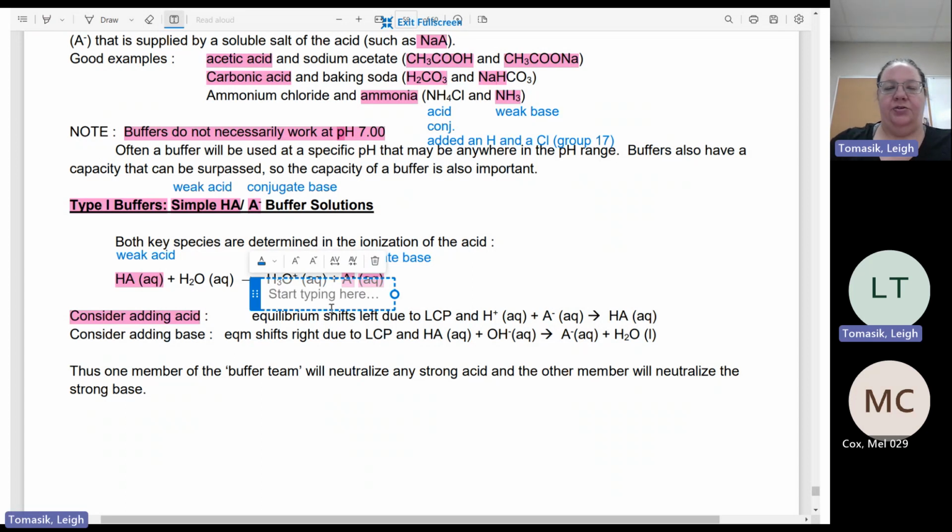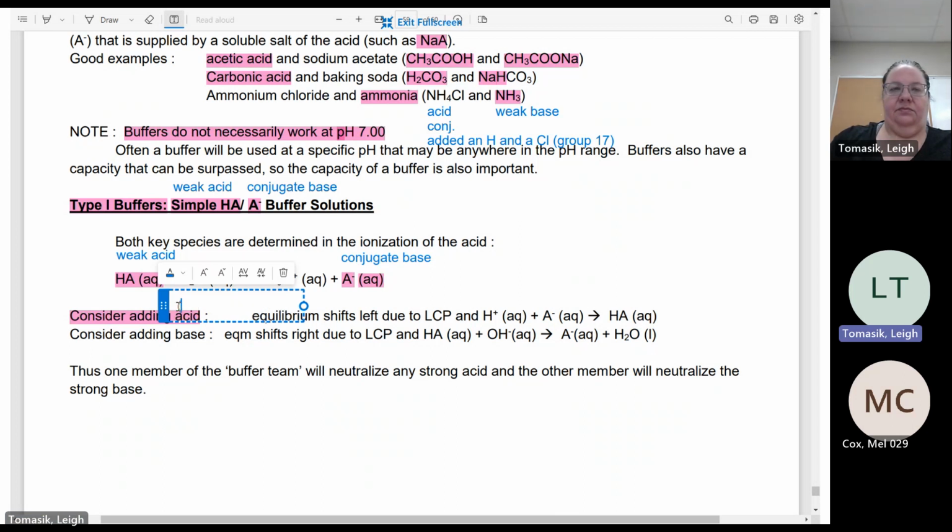We're going to make more hydronium, H3O plus.